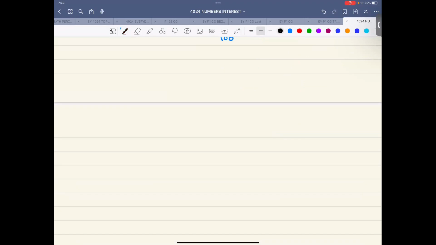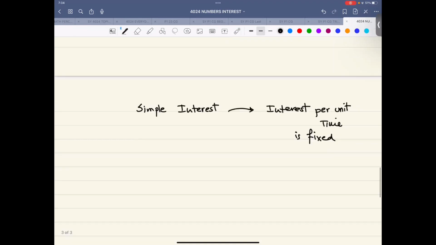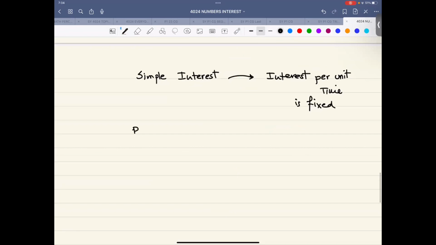Now, why is it simple interest? Because the interest that you are getting per year, interest per unit time, is fixed. It does not change. That means if the principal value is $100 and the rate is 5% per annum, the interest at the end of 1 year is $5.